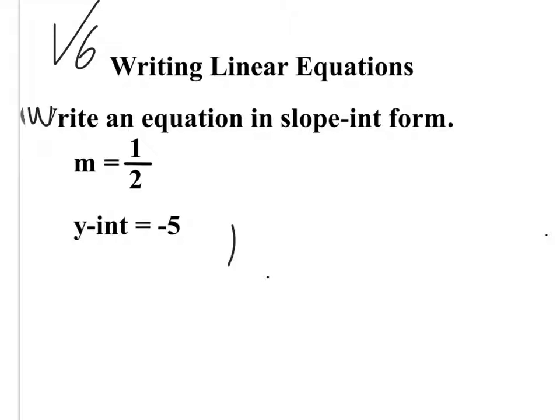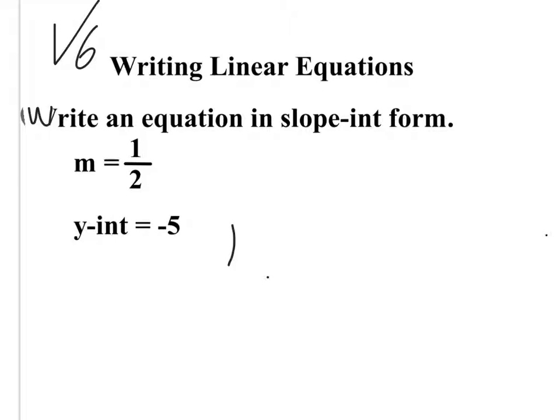It was like question 36 or whatever, B or C, and it said write it in slope-intercept form. You had to take the slope they gave you, then put the y-intercept and plug it in the equation. That's what you're going to do today. Here it says write an equation in slope-intercept form. They tell you your m, they tell you your y-intercept, which is your b.